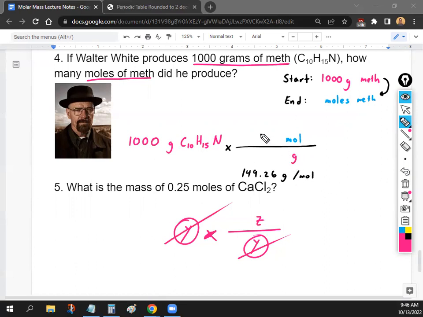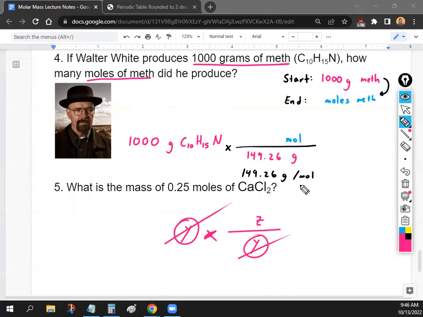All right, now what we have to do is we need to put a number next to these units of measurement. So if you look at grams, what number is next to grams? Yeah, 149. So we're gonna put 149.26 on the bottom. And then if we look at moles, what number is next to moles?